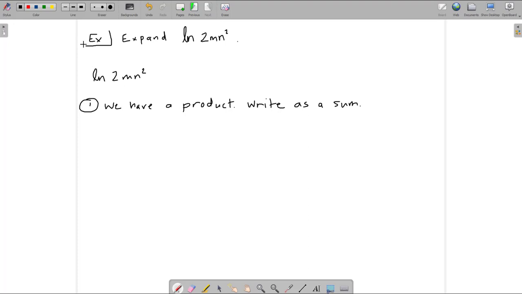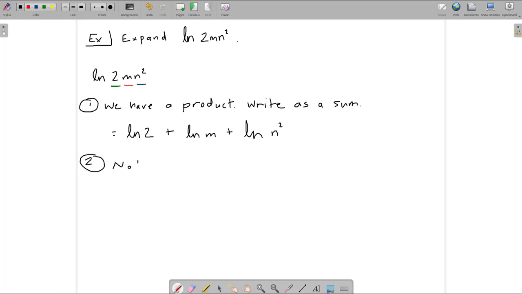Let's look at all of the different terms that we have here. We have this 2, we have m, and we have n squared. So we'll split all of those up. We have natural log of 2 plus natural log of m plus natural log of n squared. That's the farthest that we can split it in terms of products. Then the next thing to notice is, again, that power.